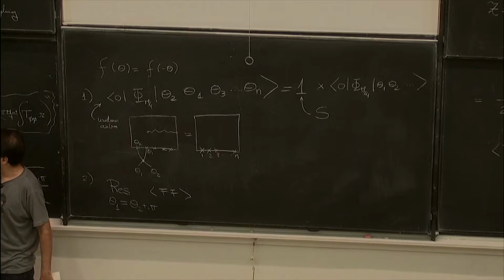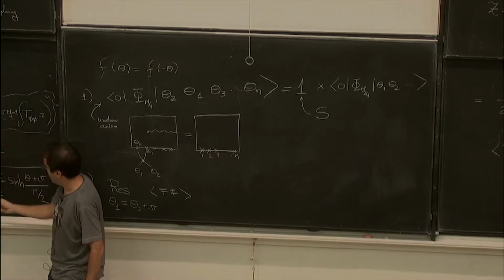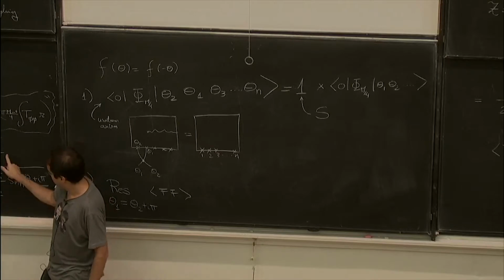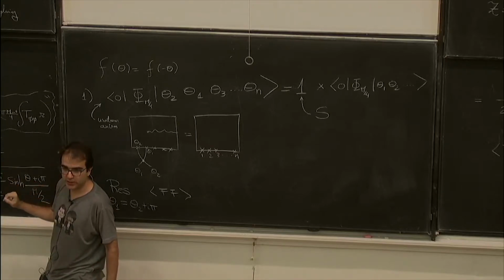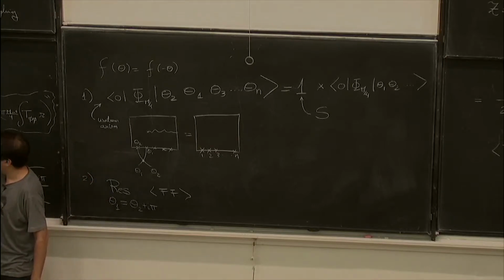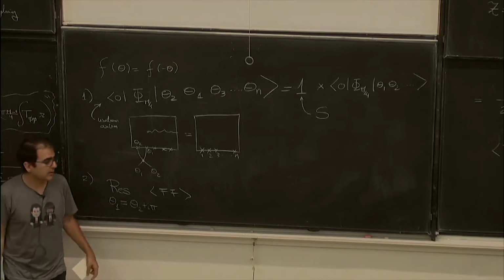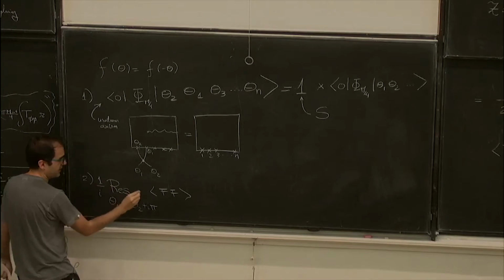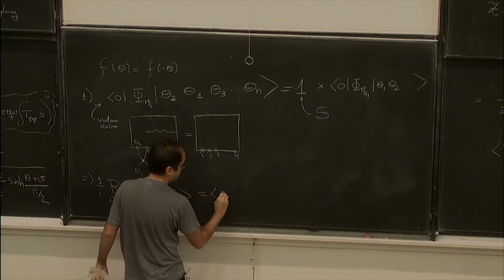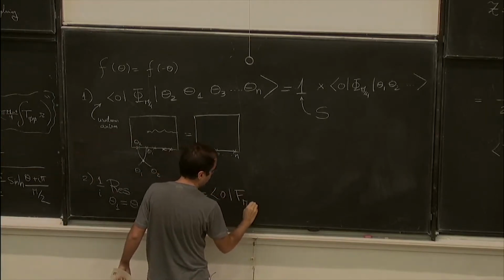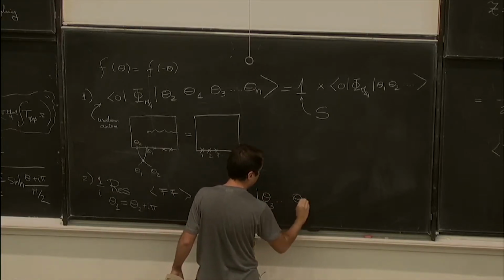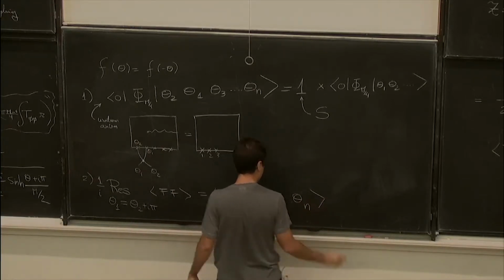Then the residue of f is normalized such that this residue is 1. So that's why this normalization is nicely put here. What you are left with is the other thetas after you do that. So you see that 1 over i times the residue of this form factor is equal to the same form factor where now particles 1 and 2 disappeared, and we have particle 3 up to particle n.